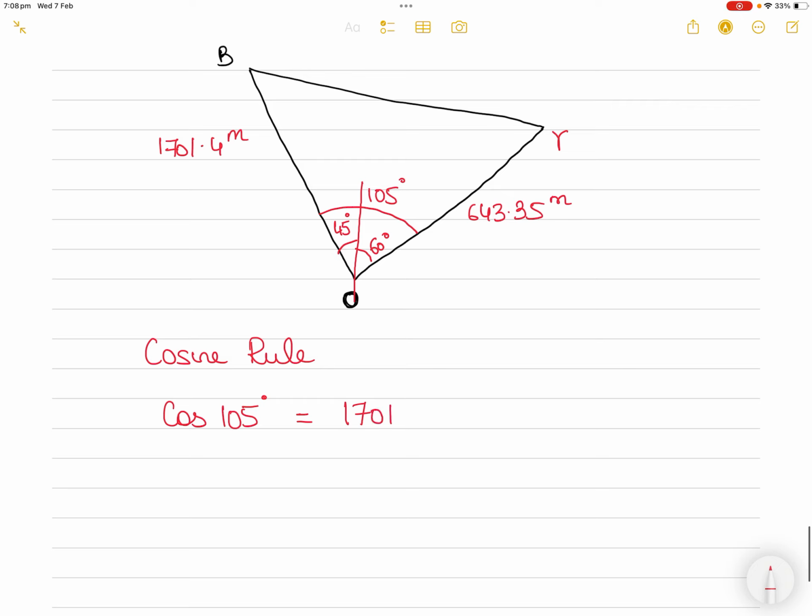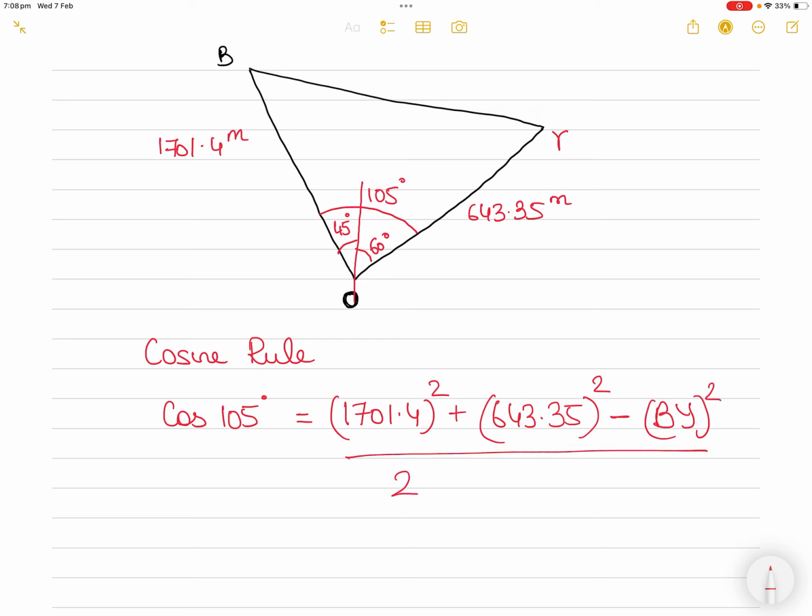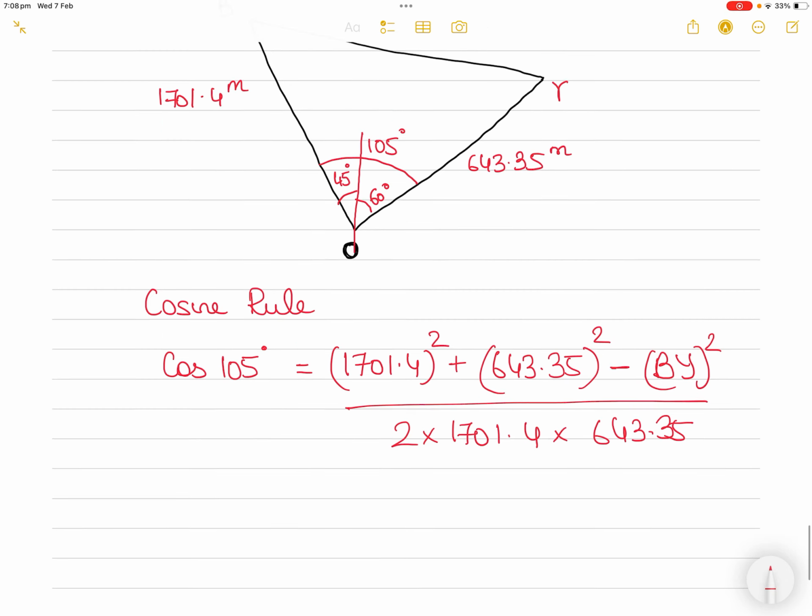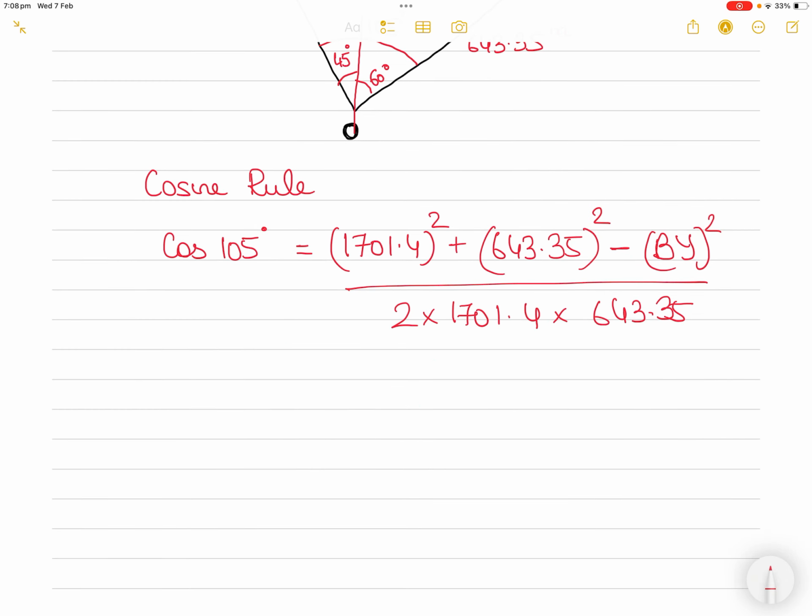So we will have 1701.4 squared plus 643.35 squared, and minus the side opposite to the angle in question, which is BY squared, divided by 2 times 1701.4 multiplied by 643.35. We'll have to solve this equation to make it simple.